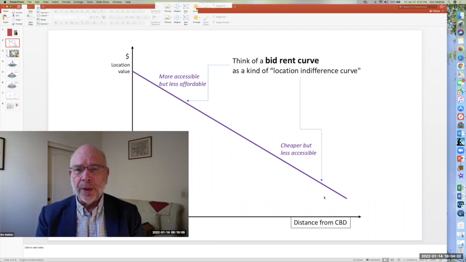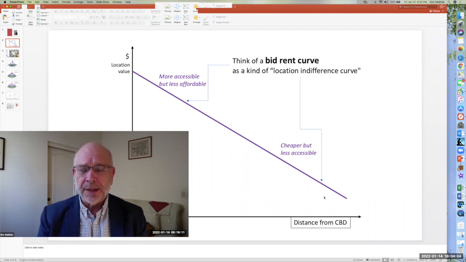One thing that's less obvious is this idea of the bid-rent curve as being a kind of locational indifference curve. So if we think of a whole city full of identical individuals. Now, of course, cities are not filled with identical individuals. There's a great deal of variety.